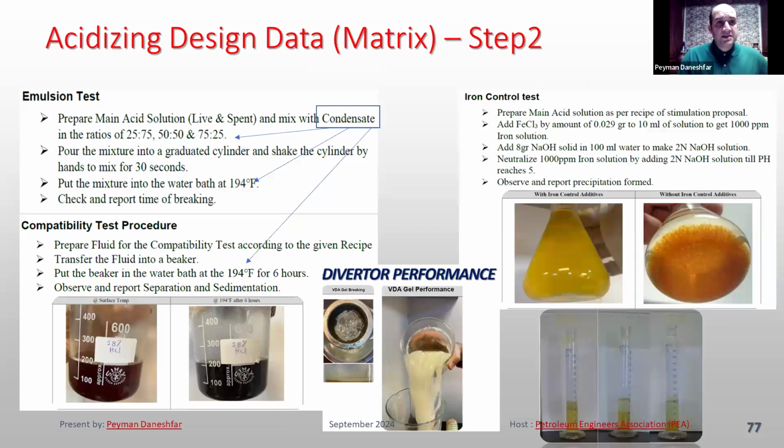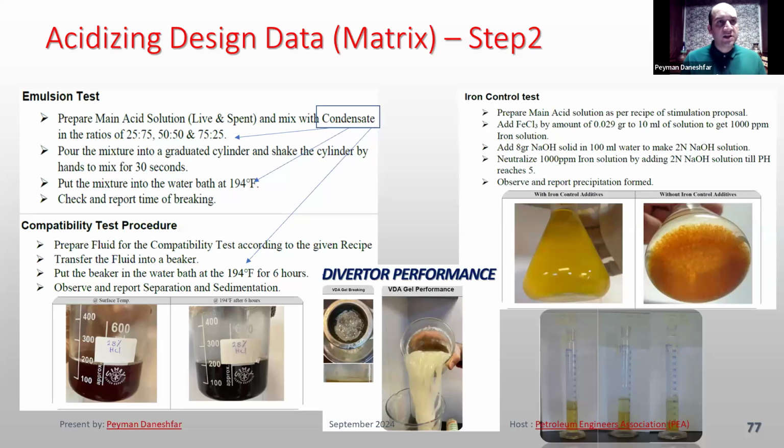In a compatibility test, we prepare the acid with the recipe that the laboratory gives us, and we put it at the temperature of the well. For example, in a water bath, for this condensate well, we set 194 Fahrenheit, and we check after 6 hours whether it is okay or not.